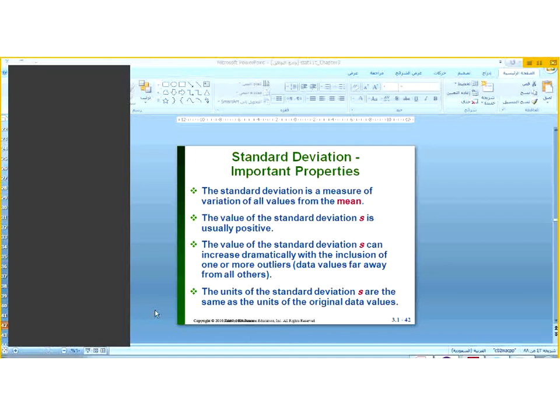And then we introduced the measure of dispersion or measure of variation. Can you remember some of them? We took only two measures.